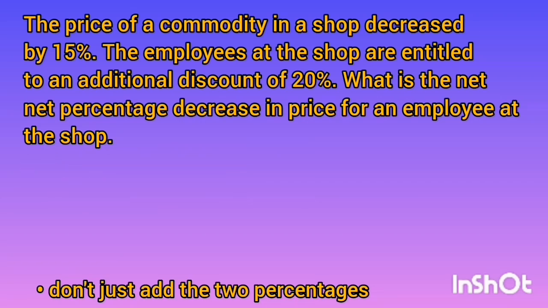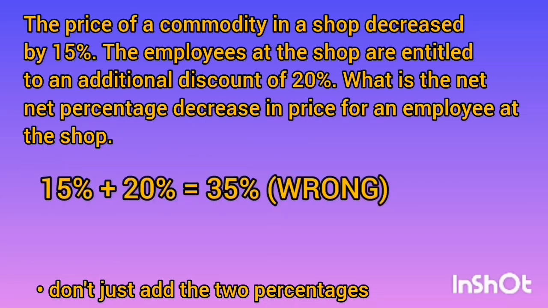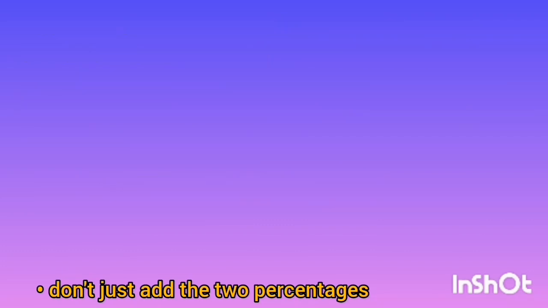I think many students would have thought of just adding the two percentages to get 35%, and you would have been wrong. This is a very simple method of finding the net percentage decrease in case you are given two consecutive decreases.